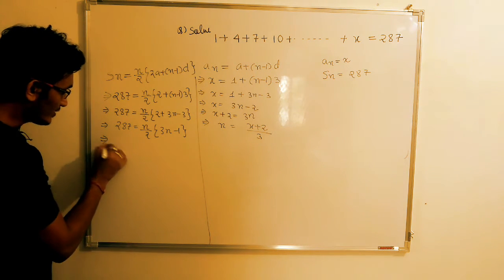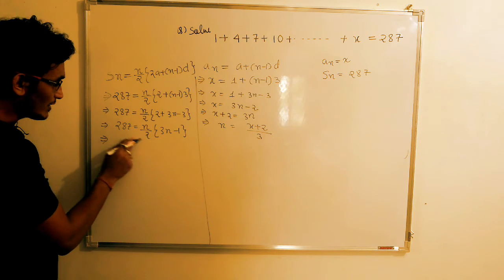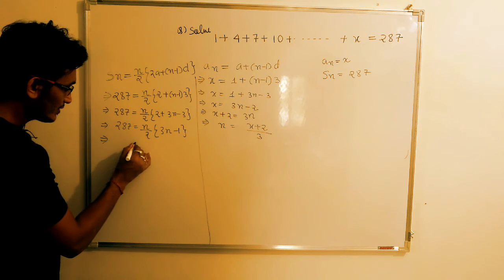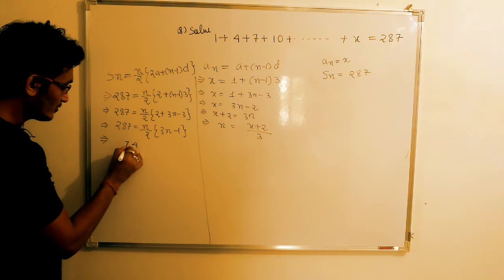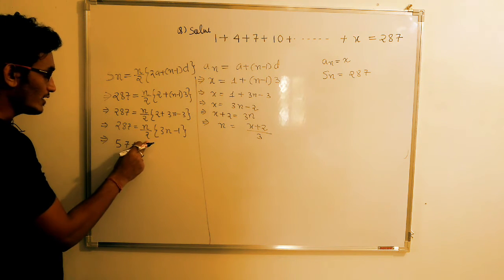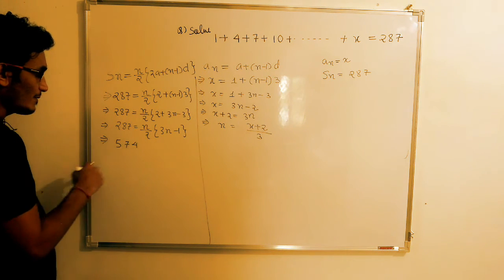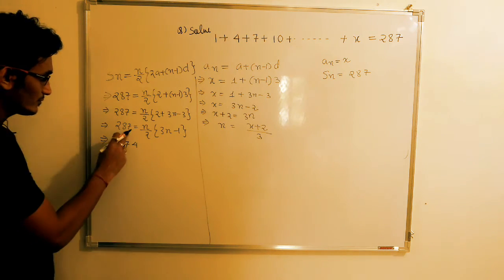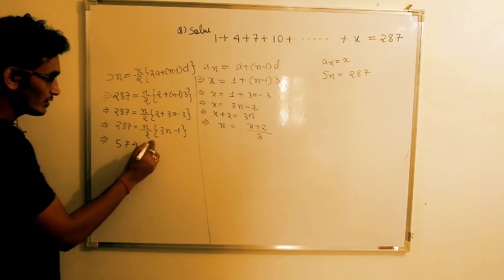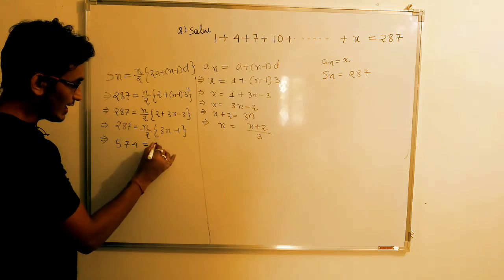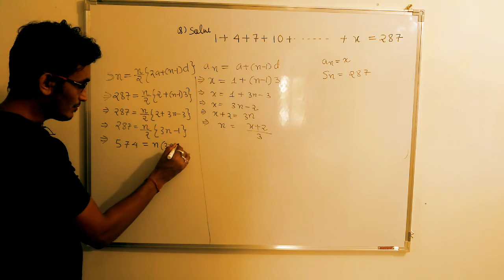After that you can do the cross multiply. So 287 into 2 becomes 574. And in the right hand side it will be n into 3n minus 1.